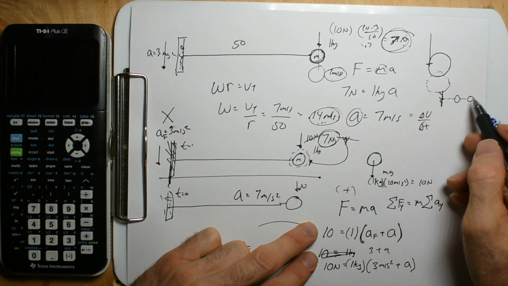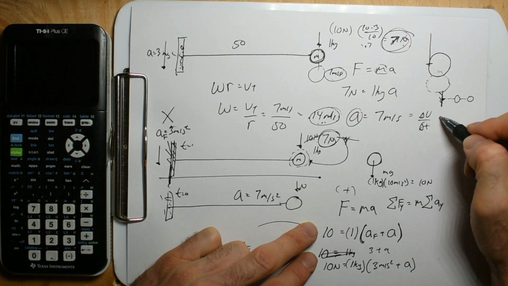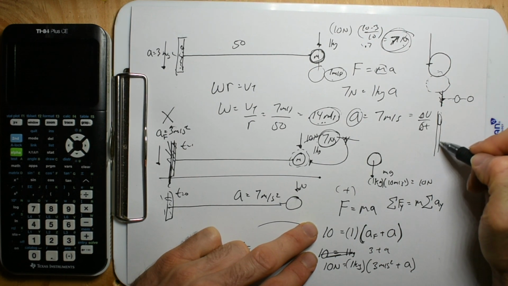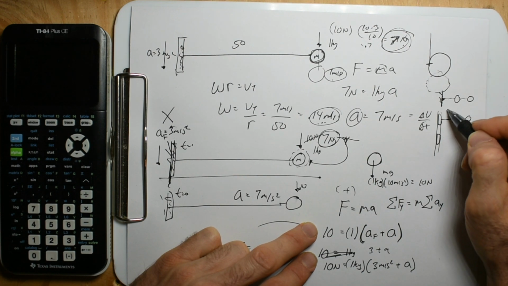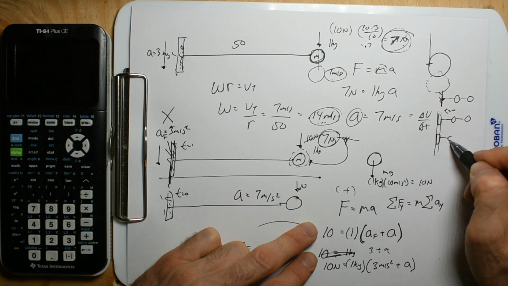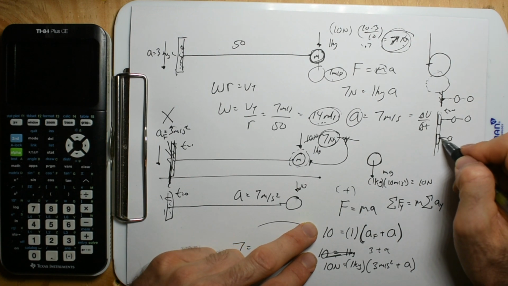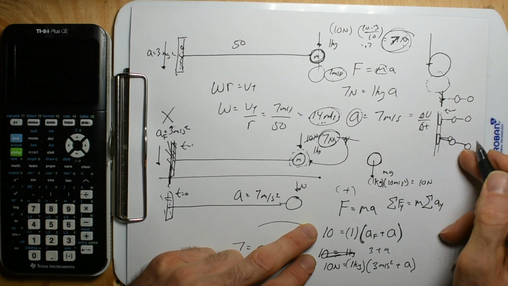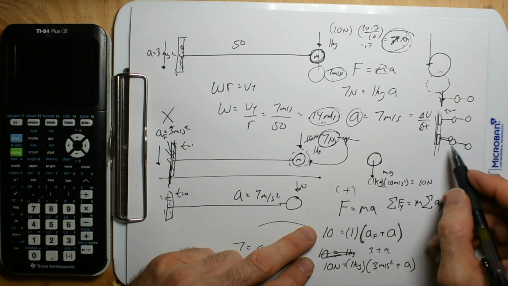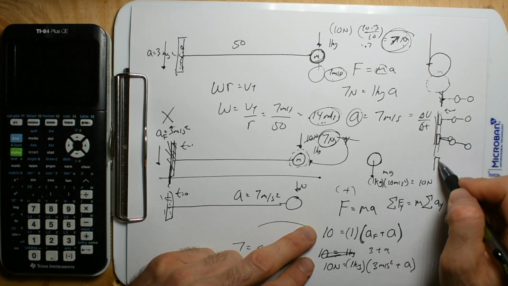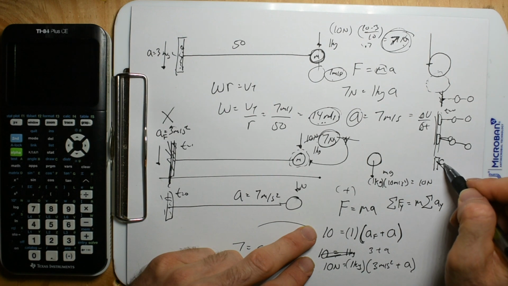Because now this problem becomes, this thing's on a track, it's here at time equal to 0, but then it's here a second later. It still might go down like this, but because it's accelerating, it's going to go down less. If it wasn't accelerating, that thing might be way down here.